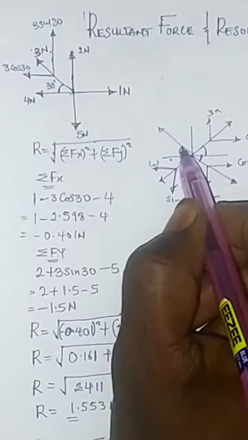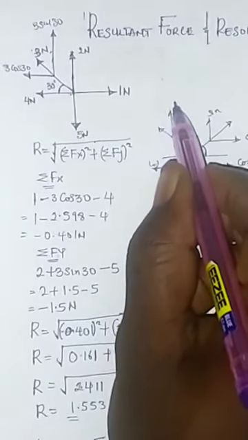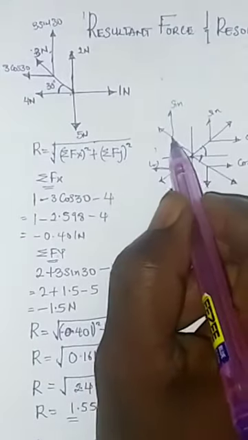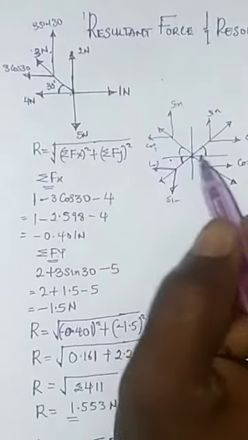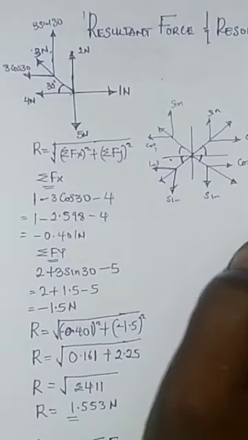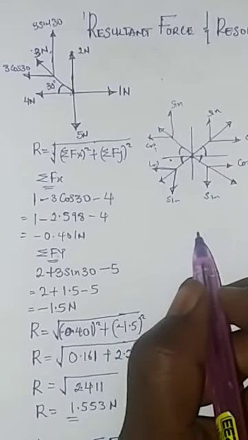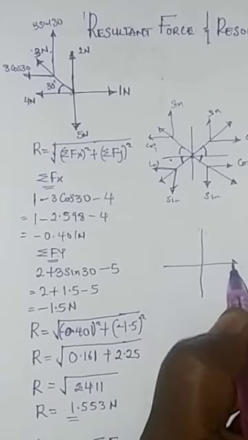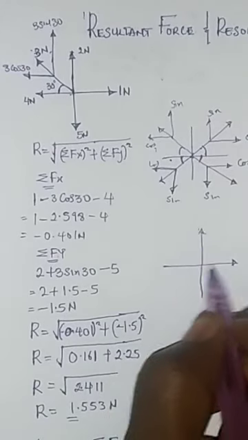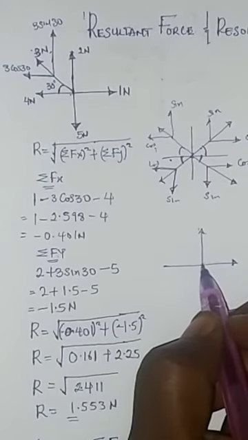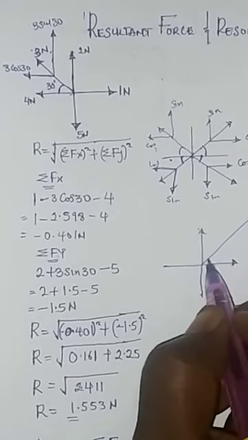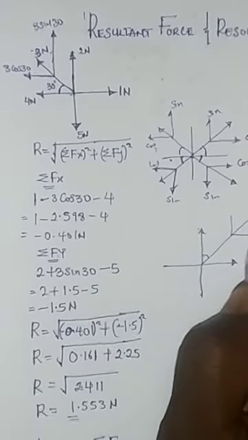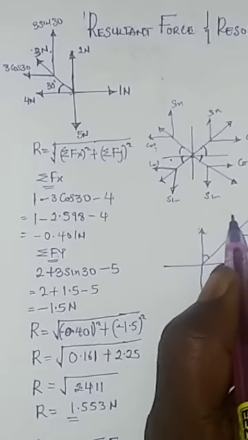Is that taken? If I also have it here, if it's inclined to the horizontal, like this, same thing will happen. We'll be having the sine of the angle here, and the cos of the angle here. Is that taken? But let's now see this other illustration here. If I have it this way, like this, if I have the angle at this junction here, and it's inclined to the vertical, I will have the same thing like this, but here will not be sine theta, here will be cos.